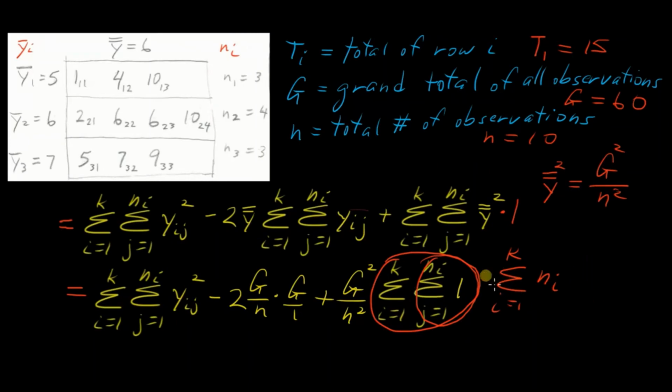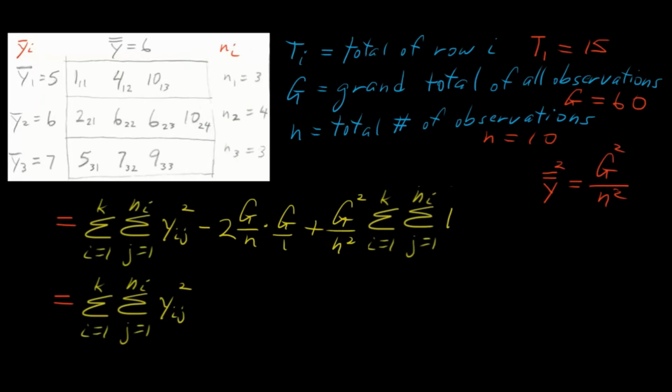And so that's what this all is going to turn into on the next row. Okay, so continuing on here, this is just going to be G squared over N. And then this here was what was formerly this, and we just did a substitution.